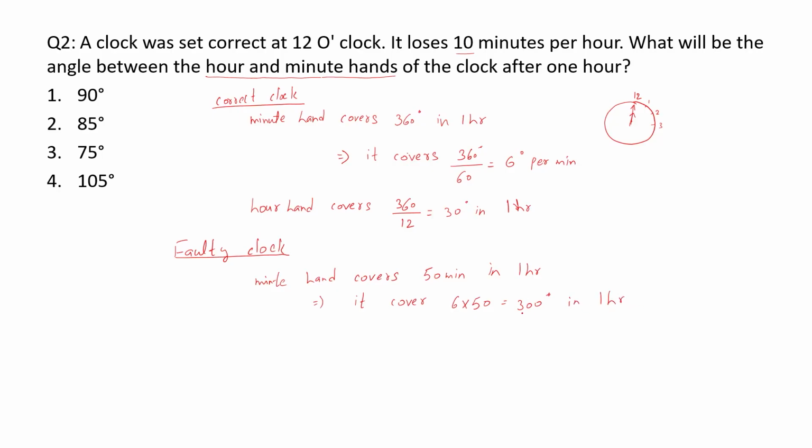So you can see the difference. The minute hand of the correct clock must have covered 360 degrees in 1 hour. But the faulty clock, the clock in the question, will cover only 300 degrees in 1 hour because it loses 10 minutes. That means in 1 hour the minute hand covers 50 minutes, so it just covers 300 degrees. What about the hour hand?